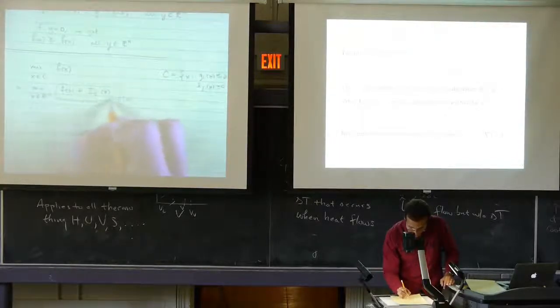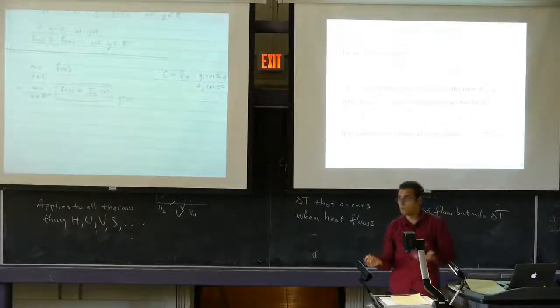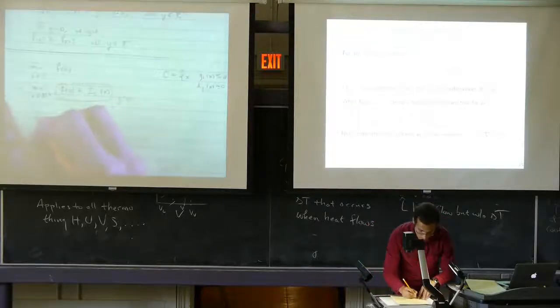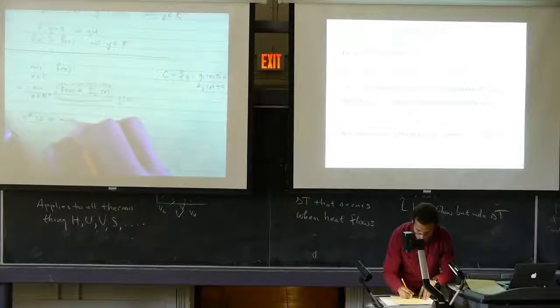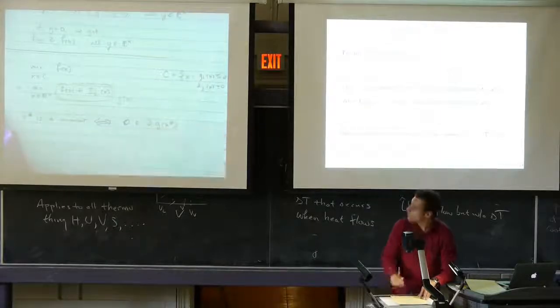Let's apply this rule up here to g of x. It tells us that x star is a minimizer if and only if 0 is in the subgradient of g at x star.